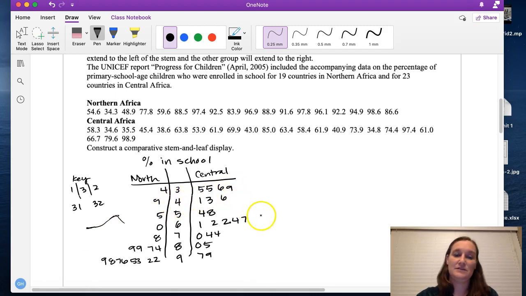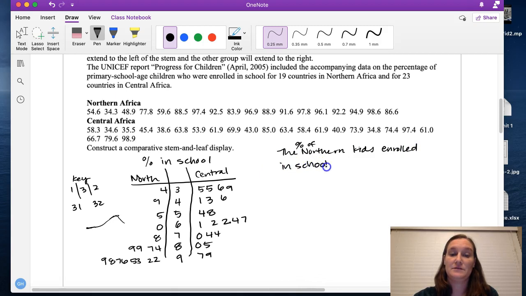This one looks a little bit more symmetric. So I would personally say the percent of northern kids enrolled in school, we have to have the context, is skewed to the left.